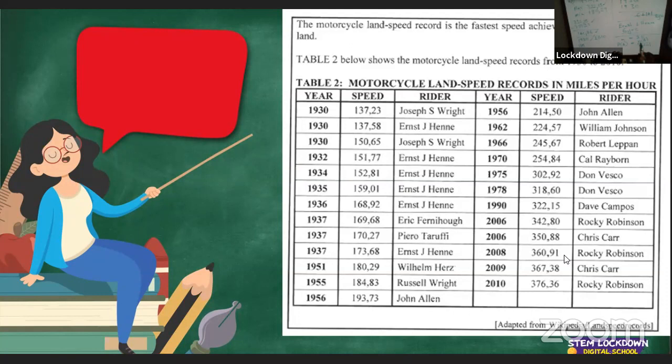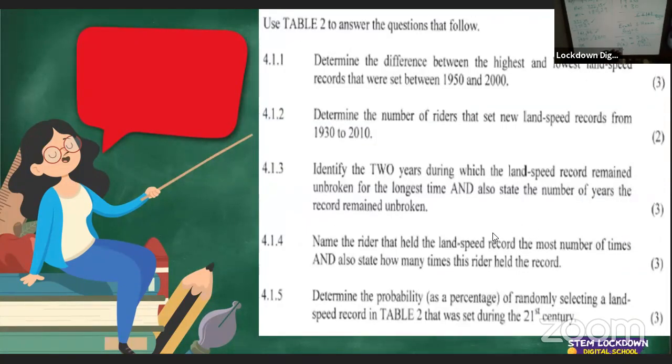When I say NA, I mean the number of times A is occurring. So my A here, let me define the event. A is equal to 21st century record.